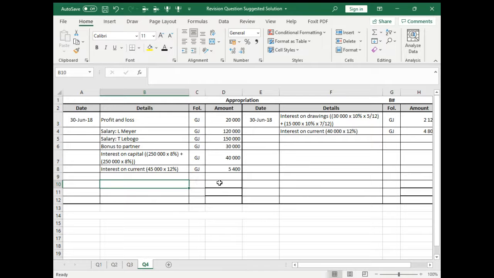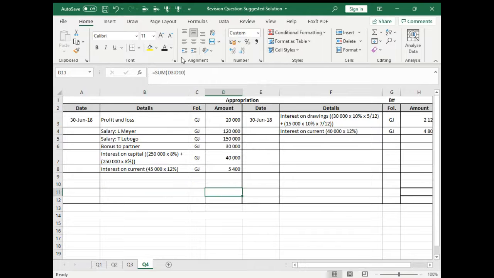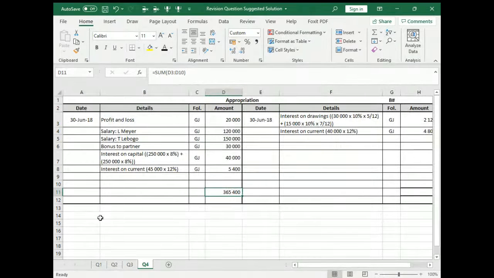Now, how we generally do it is we add, you can have a look at the account, but you can see that the debit side is a lot bigger. So we add all of the debit side to get 365,400. And then what you do is you deduct the credit side to get what's left over.